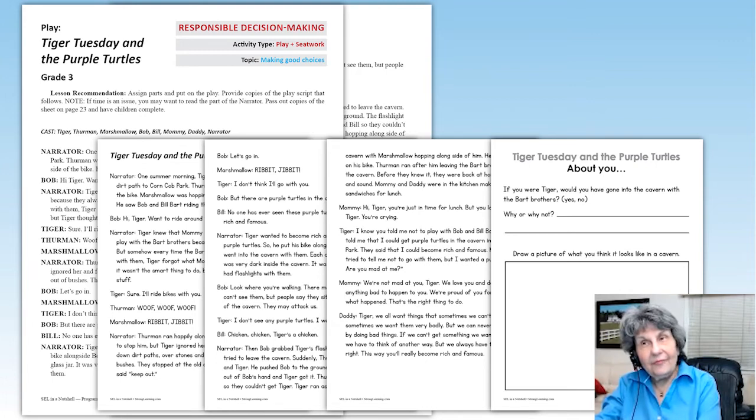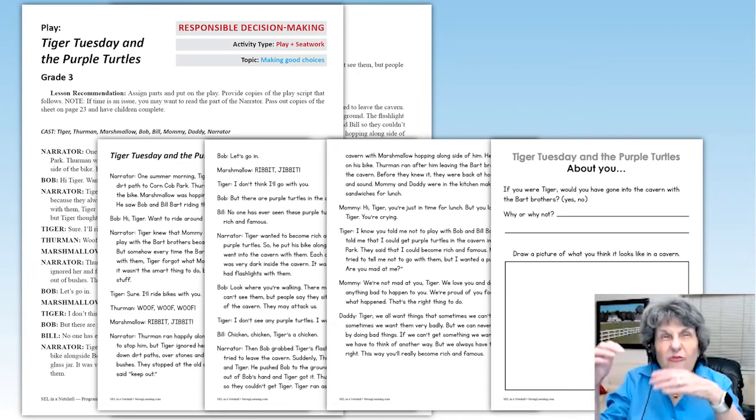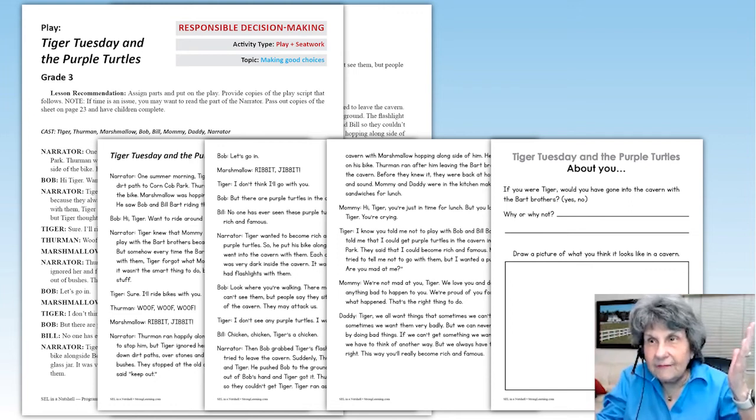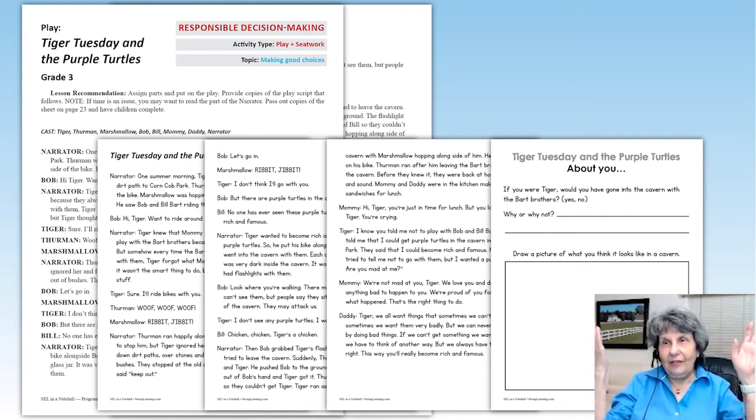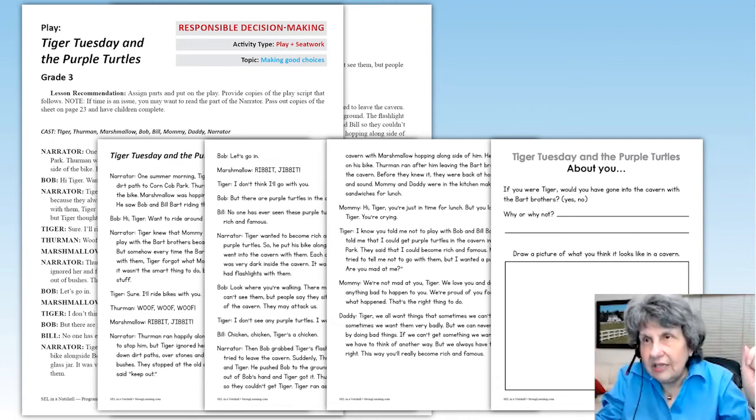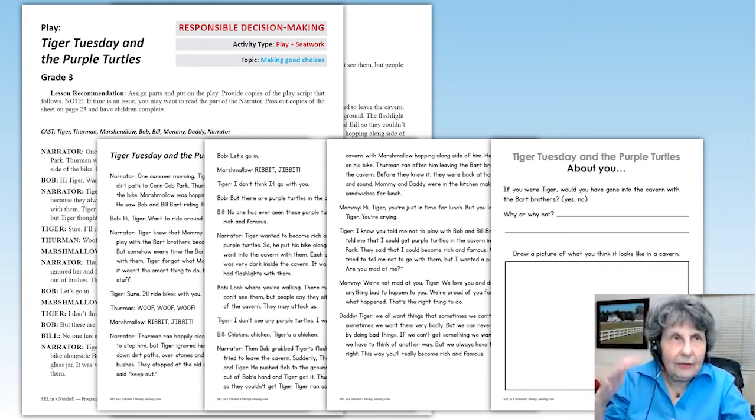It's in the park, and they have purple turtles in the cavern, and we'll become so famous. We're going to have all the purple turtles. And he's so fascinated by this. Should he go? He goes with them. And then he gets really scared, and no one can find them. They try to get out, and the police come. There's a whole story.